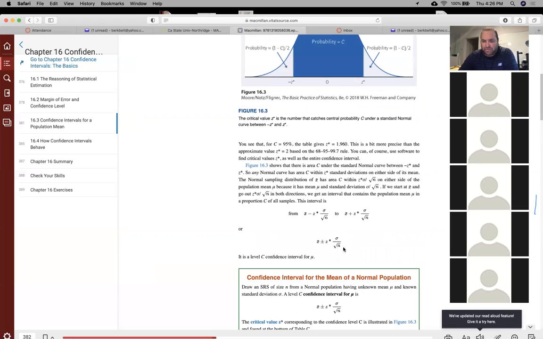I didn't derive this equation, nor am I going to derive this equation. I'm just giving you this equation as fact. I'm telling you this is the equation for the situation where you're looking for the mean from a normal population and you know sigma. In that situation, this is the formula.